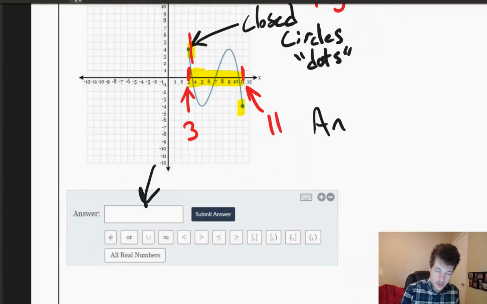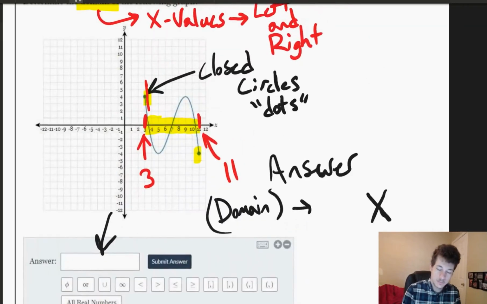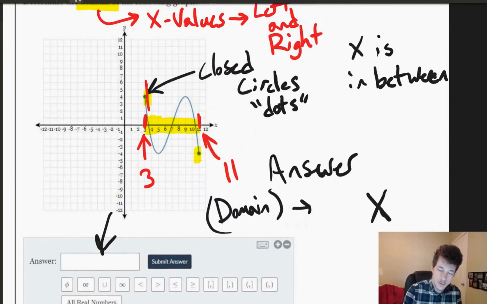For the answer itself, since you have domain, you need to use x values. So I'm going to write x here, and I know that x is in between 3 and 11.